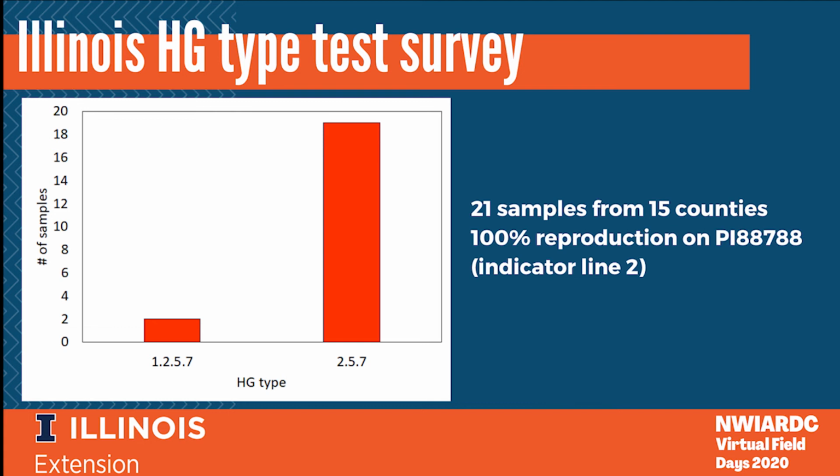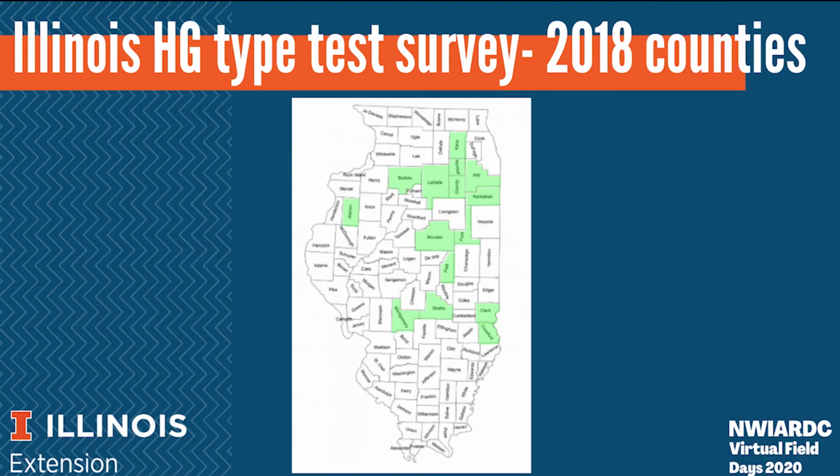However, all the samples included that number 2, which means that they were all able to effectively reproduce on PI 88788. And this is from 15 counties. So here are the 15 counties. Obviously, this isn't really a complete survey of the state of Illinois.